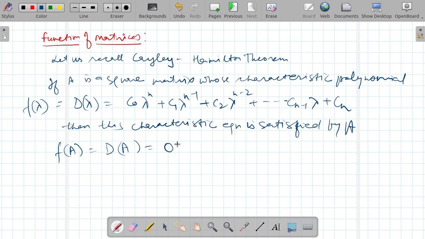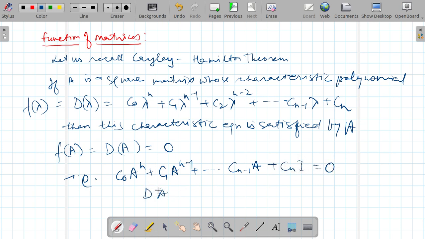This characteristic equation must be satisfied by A, or I can write it as C0 A^n plus C1 A^(n-1) plus and so on, Cn-1 A plus Cn I, and it must be equal to 0, or I can say that d of A or f of A is equal to 0.